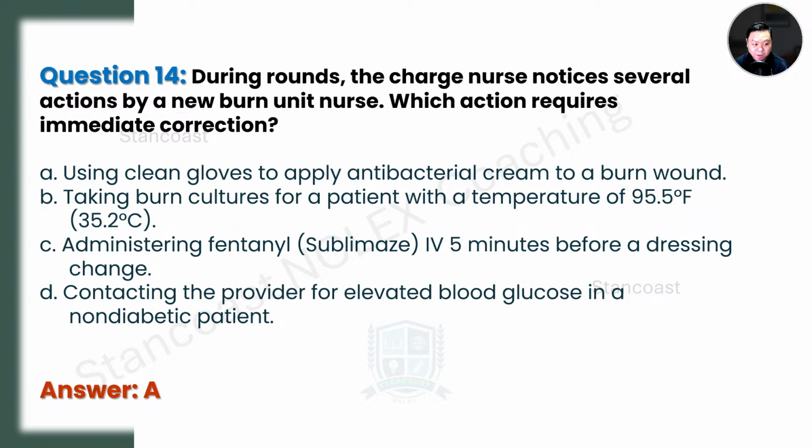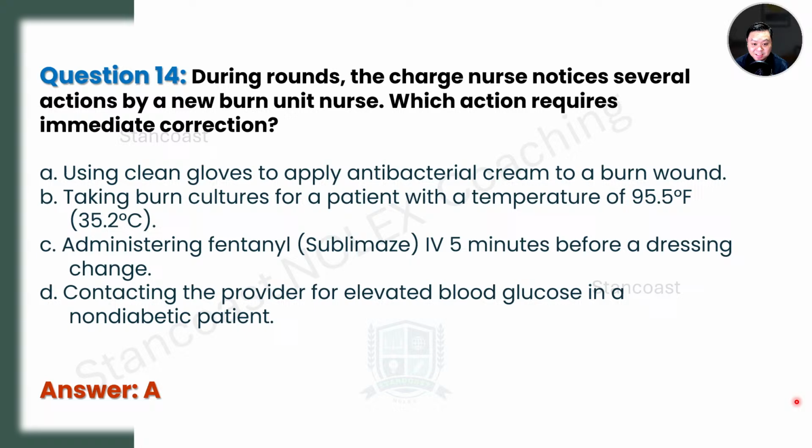All right. Now for letter D, this is also incorrect. Contacting the provider for elevated blood glucose in a non-diabetic patient. We know that stress and increasing caloric intake can spike the patient's blood sugar, even in non-diabetic patients.